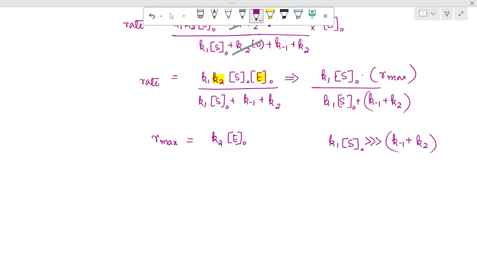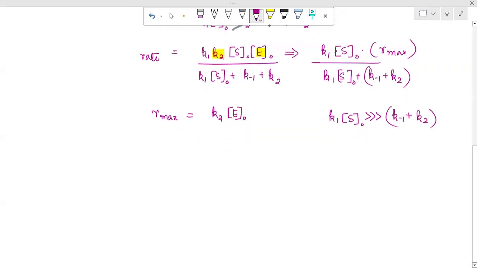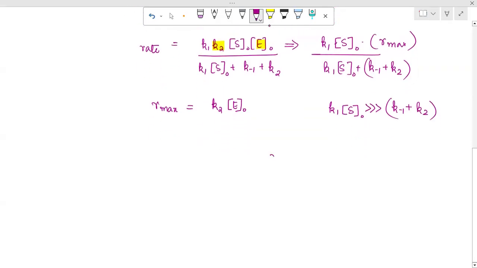So when my K1 S0 is very much higher than K inverse plus K2, my rate becomes equal to K1 S0 into R max, which is K2 into E0, divided by K1 S0 plus a value which is neglected because the value is very small. Now K1 S0, K1 S0 gets cancelled and my rate is now equal to my maximum rate of the reaction.